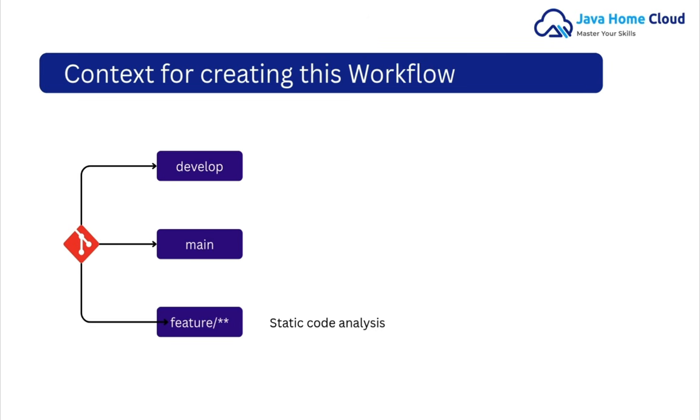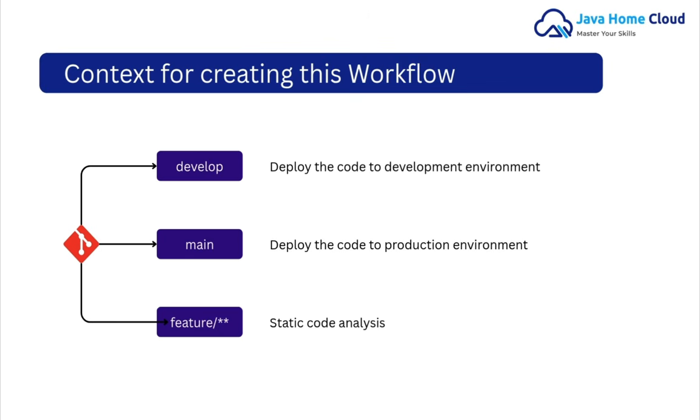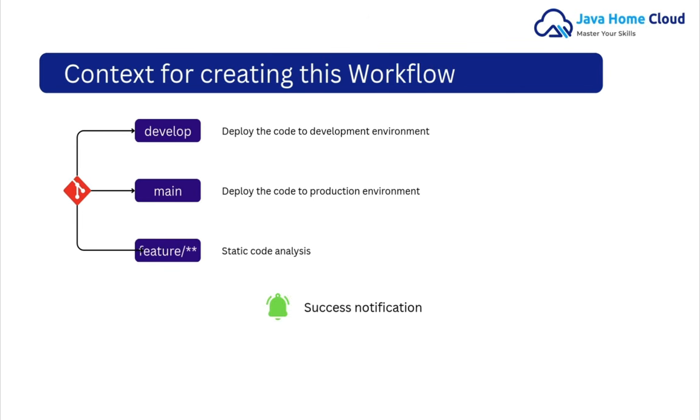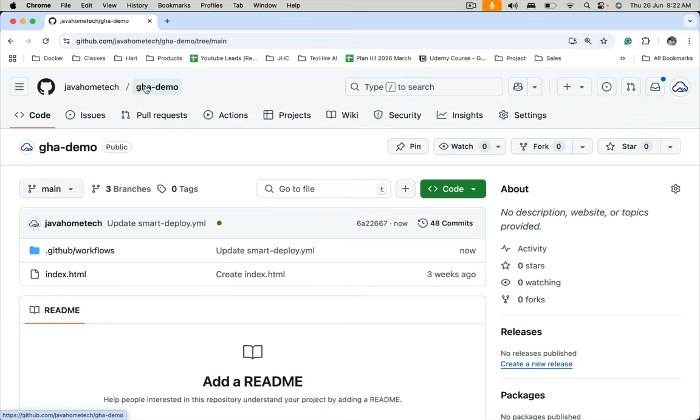When code is getting pushed to develop branch, I want to deploy to dev environment. And when code gets pushed into main branch, I want to deploy to the production environment. At the same time, if the entire workflow is success, meaning all jobs in the workflow are completed successfully, I want to send success notification. If something goes wrong, I want to send failure notification.